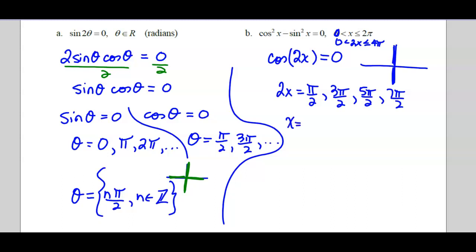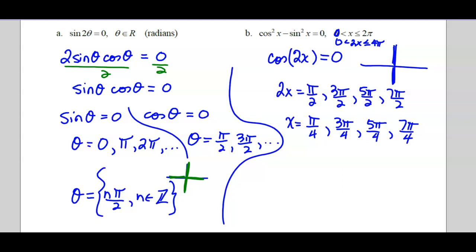So then divide everything by 2, both sides. So we get pi over 4, 3 pi over 4, 5 pi over 4, 7 pi over 4. So that's between 0 and 2 pi.